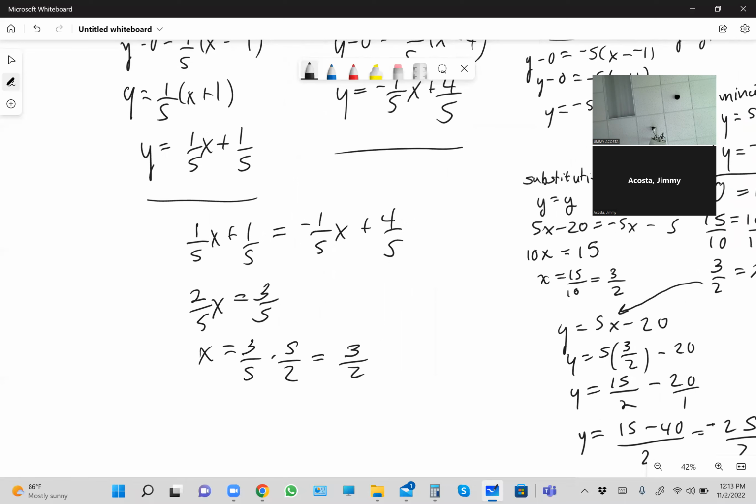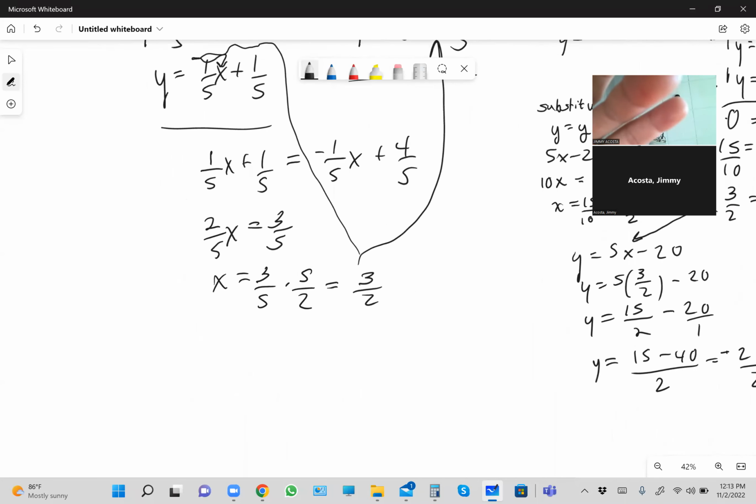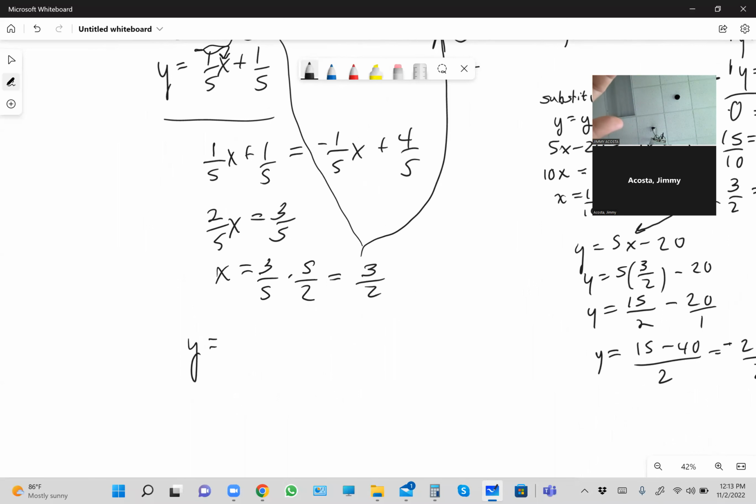So let's put 3/2 into any one of the original ones. You could put it into there or into here. Right? So let's just pick the nicer looking one, the positive one. Y equals 1/5 times 3/2 plus 1/5.